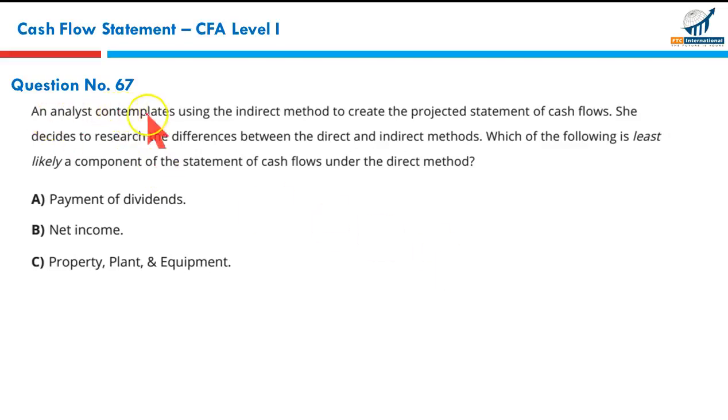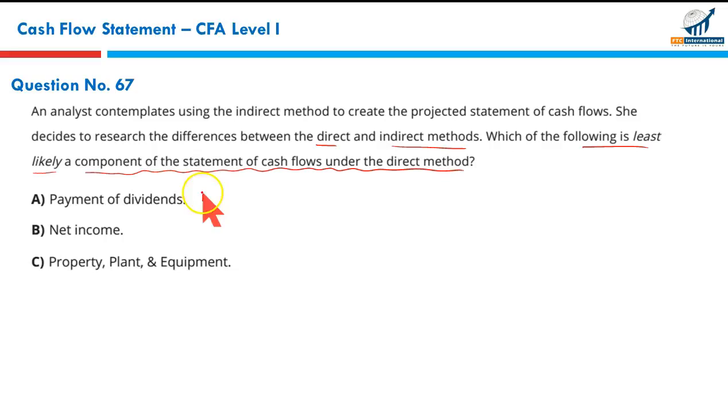67. An analyst is considering using the indirect method to create the projected statement of cash flows. She decides to research the differences between direct and indirect method. Which of the following is least likely a component of the statement of cash flow under the direct method?